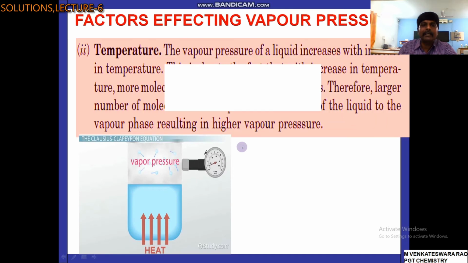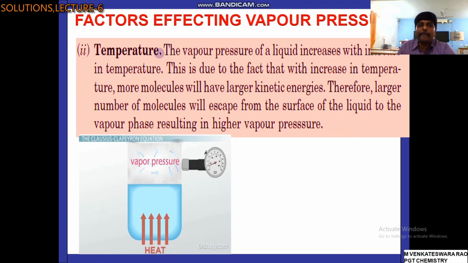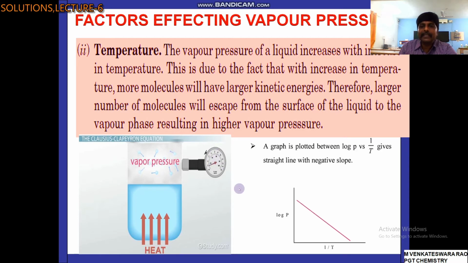Second point, vapor pressure depends on temperature. You see here, heat is provided, temperature is raised. As temperature increases, vapor pressure increases. The effect of temperature on vapor pressure is given by the Clausius-Clapeyron equation.